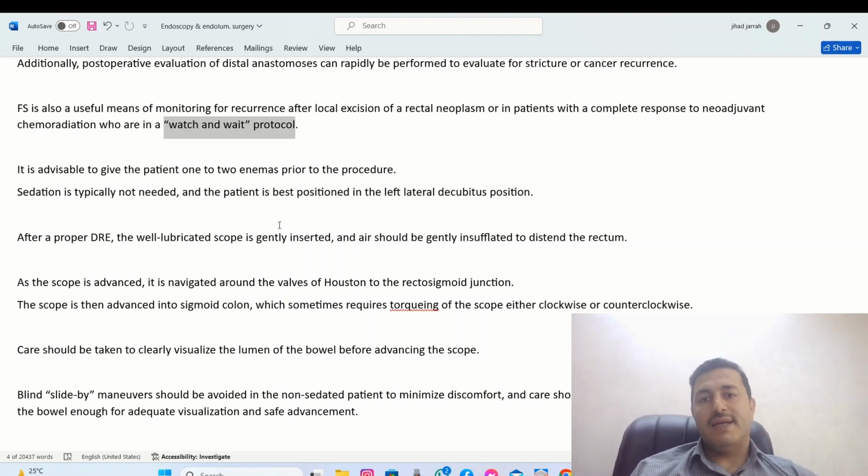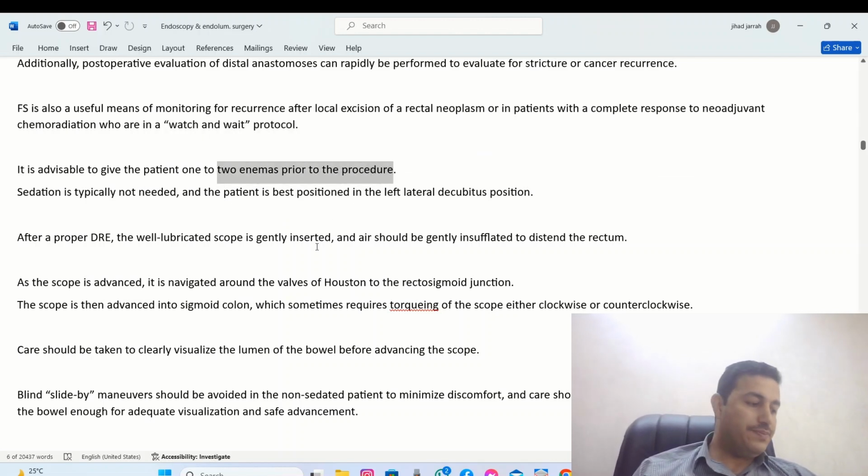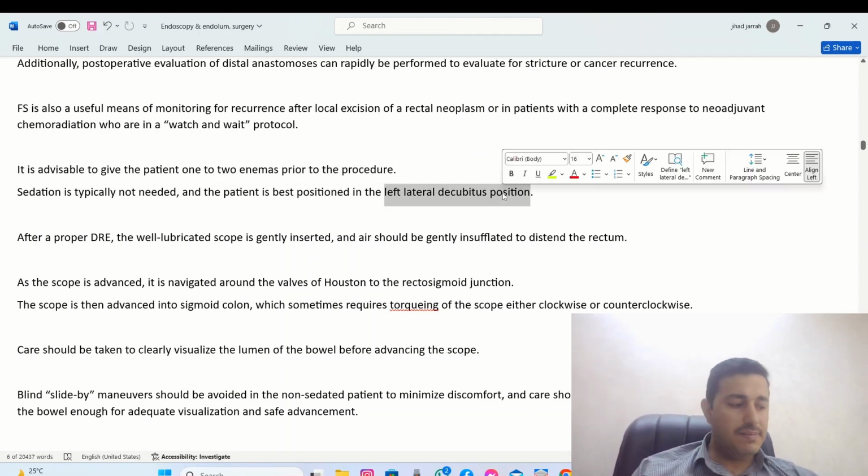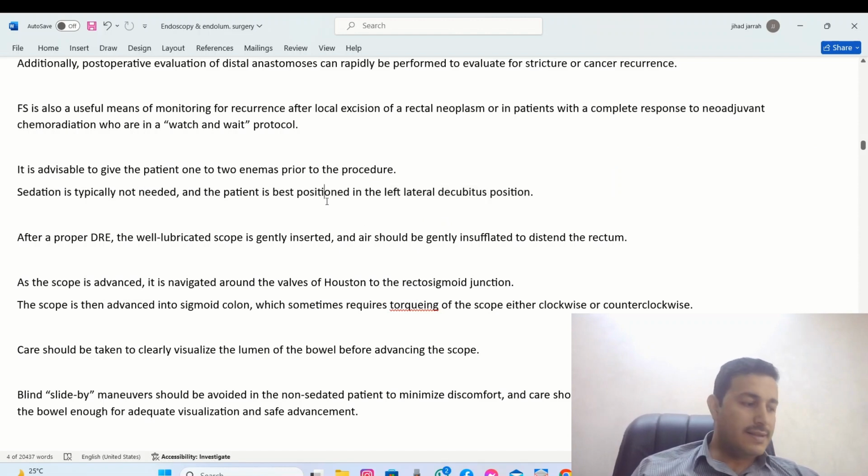Rectal enema, two rectal enema is preferred prior to the procedure. Okay. The patient position is best on the left lateral decubitus position.